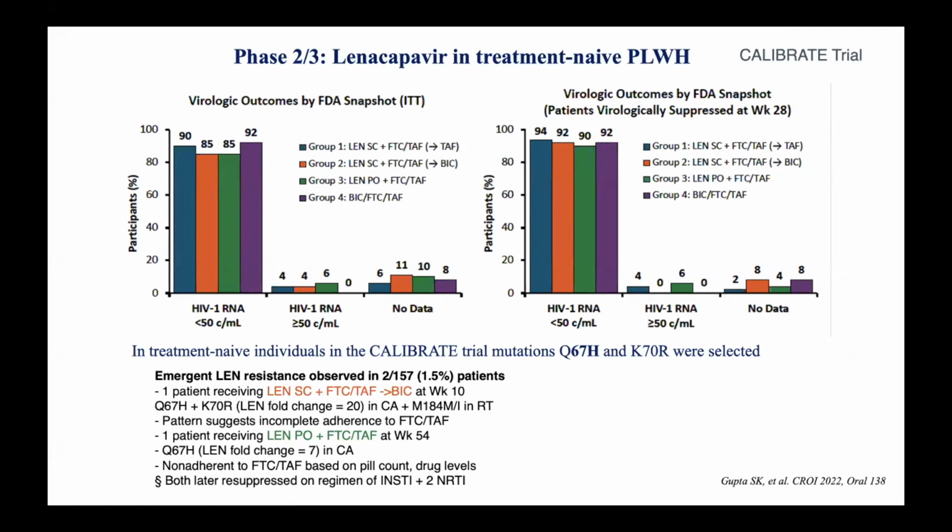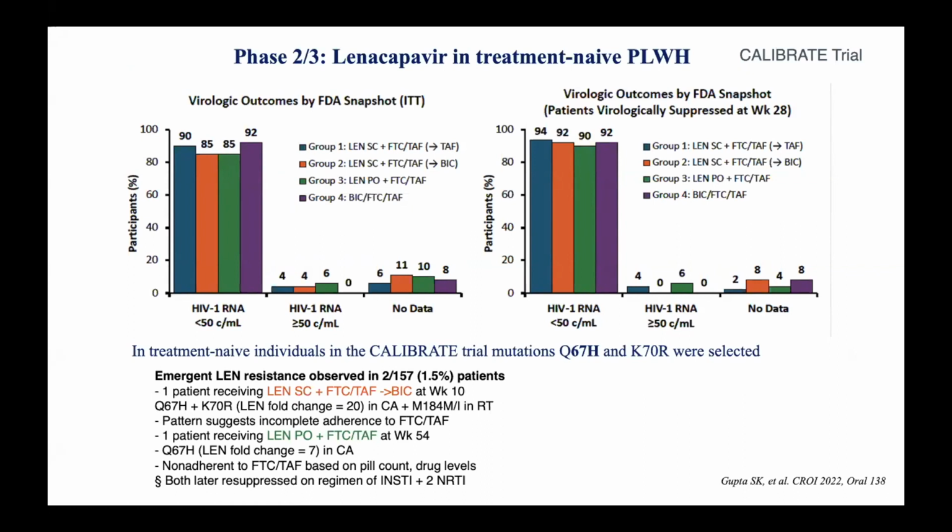And here you can see the long-acting lenacapavir that has been used with FTC/TAF, that after have to switch to TAF or bictegravir, or lenacapavir with oral administration, or with the comparison bictegravir FTC/TAF.